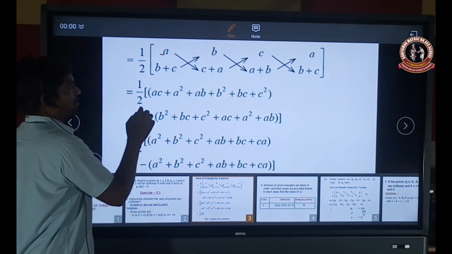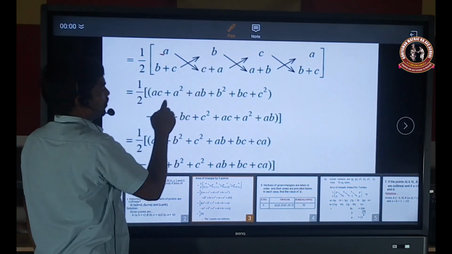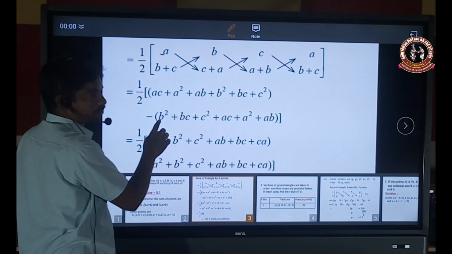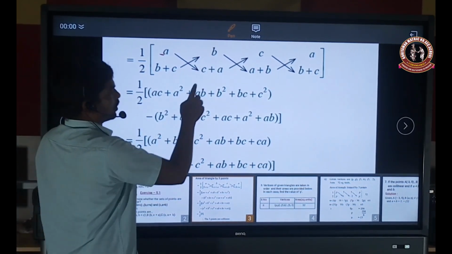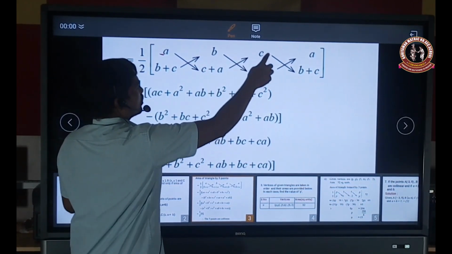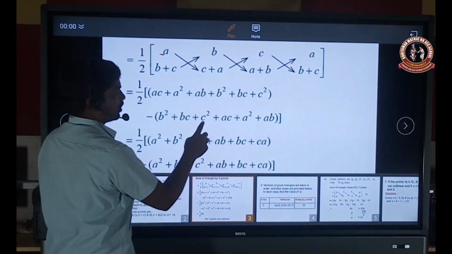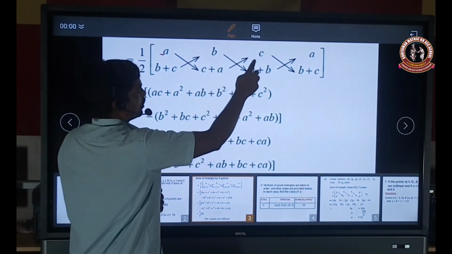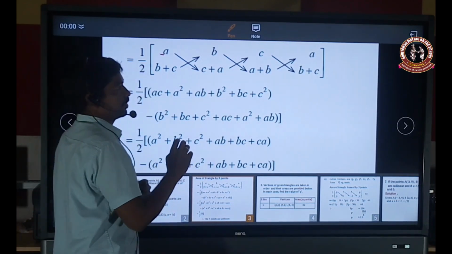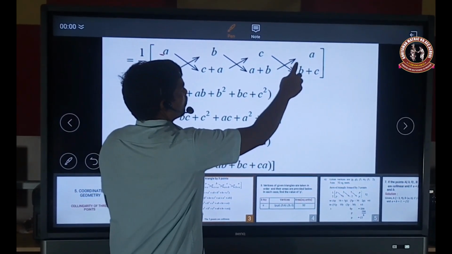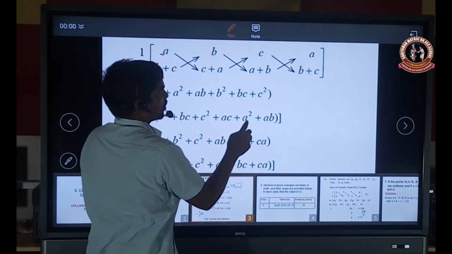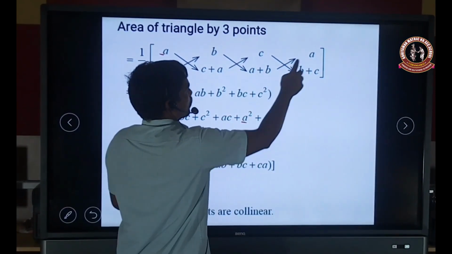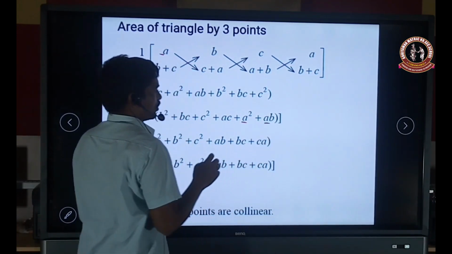So minus of: b + c multiplied with b, we get b square plus bc. Next, c + a multiplied with c, we get c square plus ac. Next, a + b multiplied with a, we get a square plus ab.